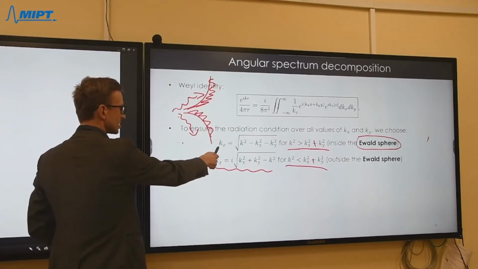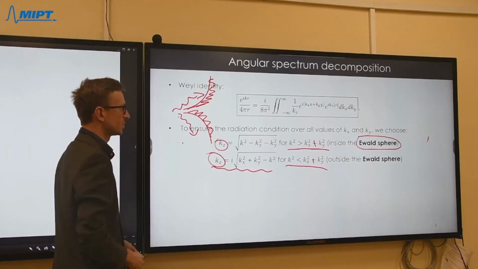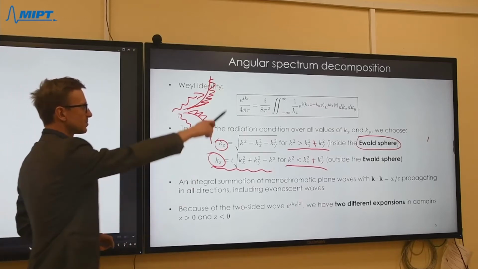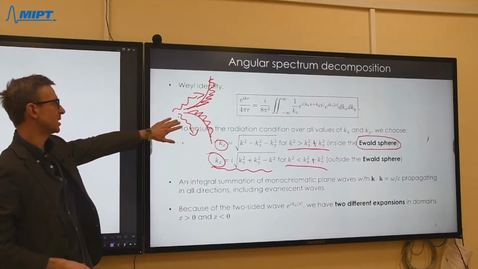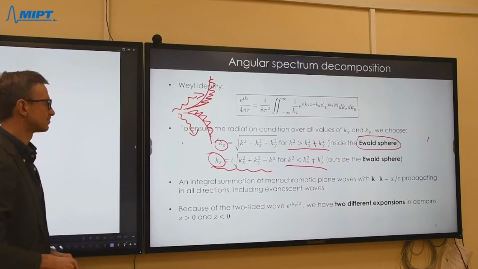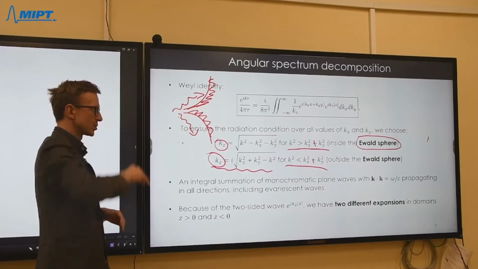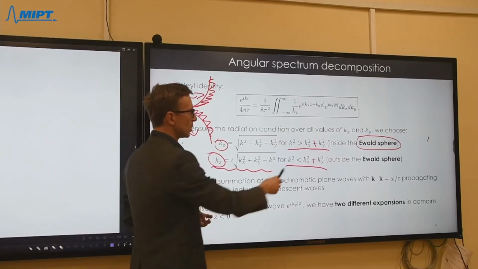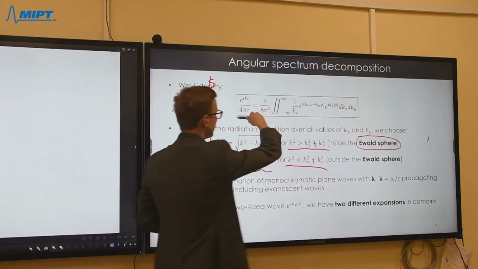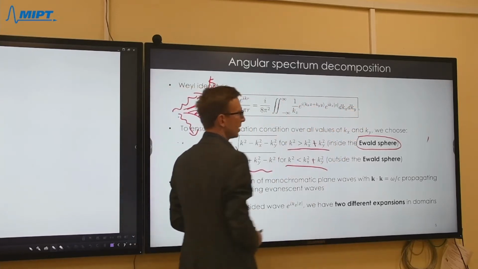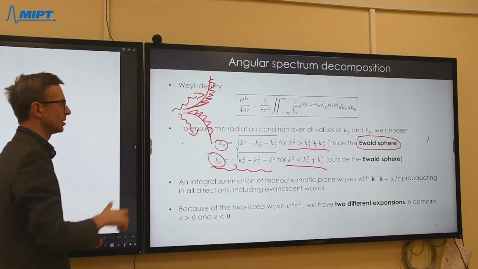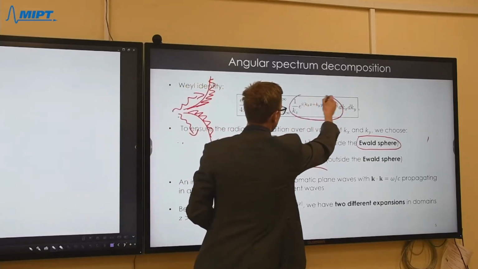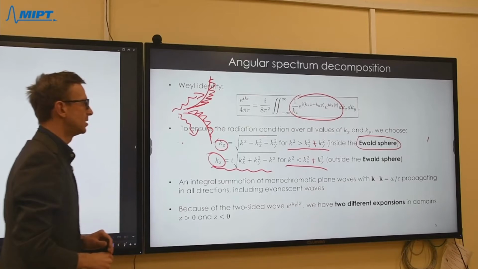So when you plug these two rules for kz into here, you see that this expression produces a sum of different propagating and evanescent waves that decay in both directions of the z-axis. Why the z-axis? Because that was our deliberate choice: we chose to expand over kx and ky, and this makes the z-axis special. That is why the waves that enter this expansion decay along the z-axis.